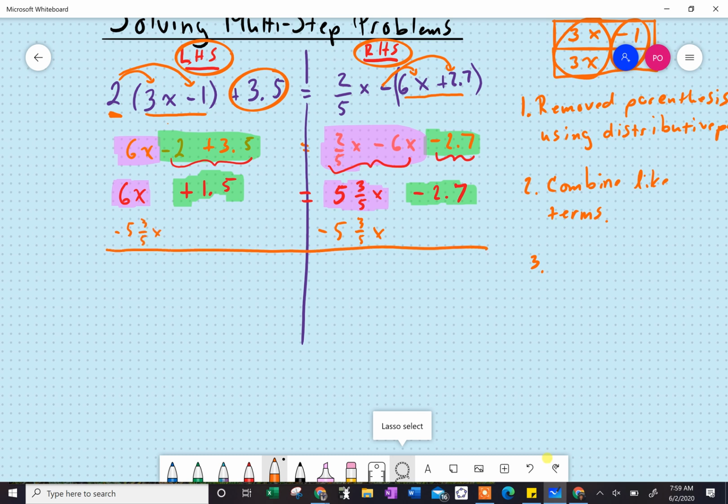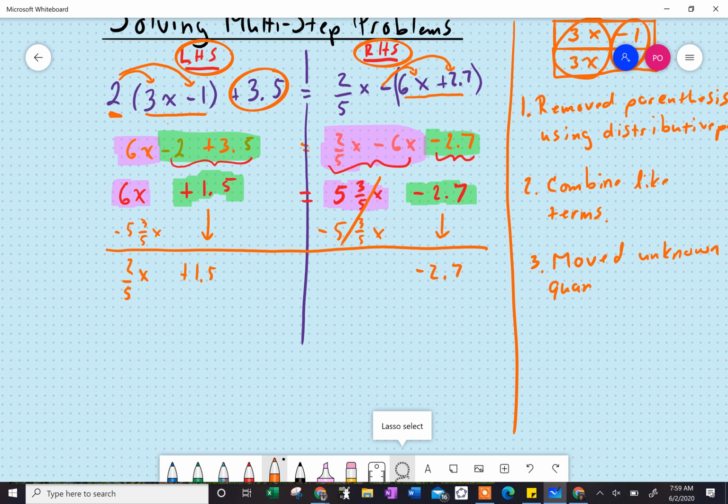And when I do that, 6x minus 5 3/5 x gives me 2/5 x. This will still come down. 5 3/5 x minus 5 3/5 x is 0, and this comes down. So number 3: move unknown quantities by adding the opposite to both sides.